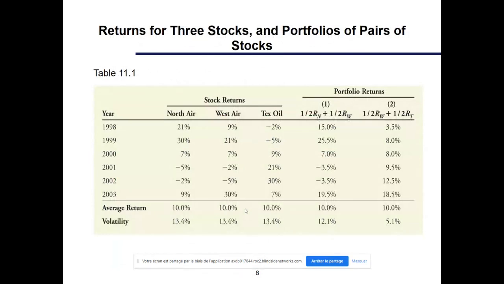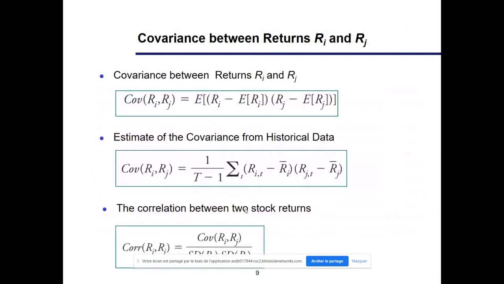If you recall your high school mathematics, and if you don't, you may study at university. When you have a series of data about the return of stock I and stock J, you can calculate something called the covariance.